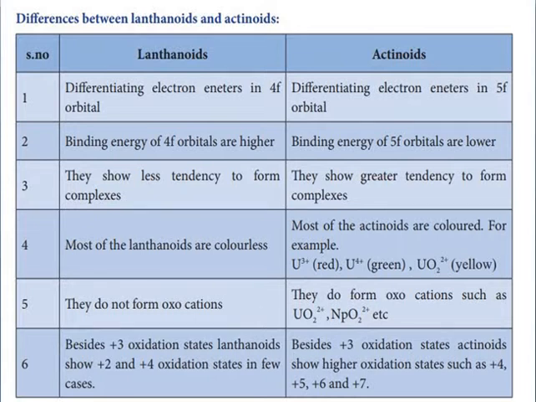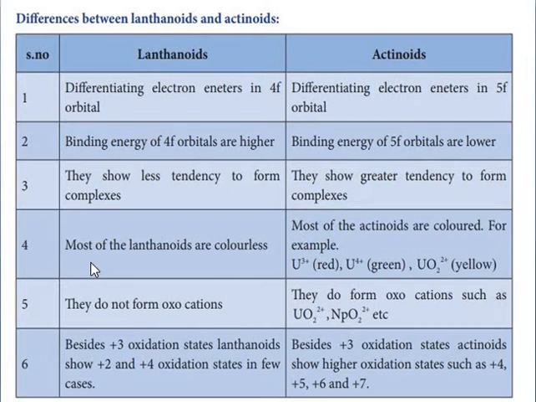But in the case of actinoids there are higher oxidation states. For example, uranium, neptunium, and plutonium show 7 oxidation states in their compounds, and due to this reason actinoids show a greater tendency to form complexes. In lanthanoids the oxidation states are very few, and in the actinoid series the oxidation states are more, therefore they show a higher tendency to form complexes.